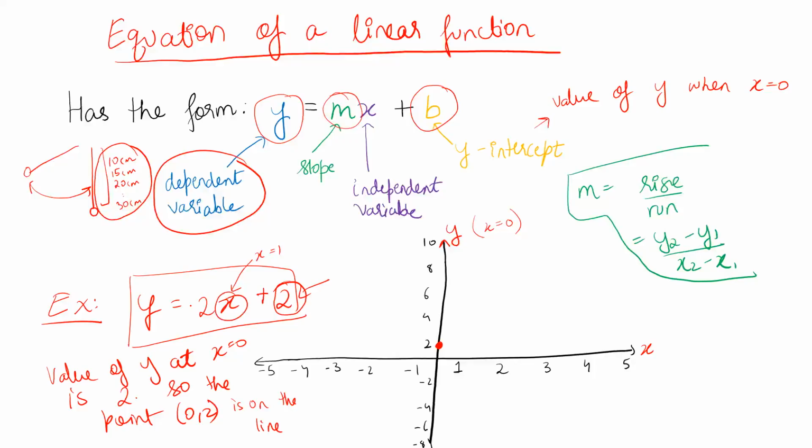Oh, so 2. You're close, but not exactly. This would be 2, but there's this one as well, so it's 2x plus 2. Oh, so if x is 1, 2 times 1 is 2, add 2, 4. Exactly, 4. That's the value of y.